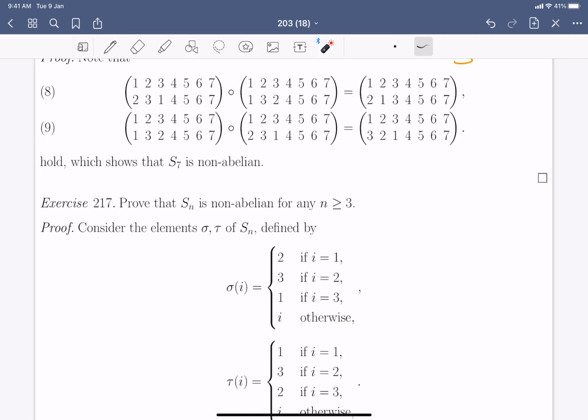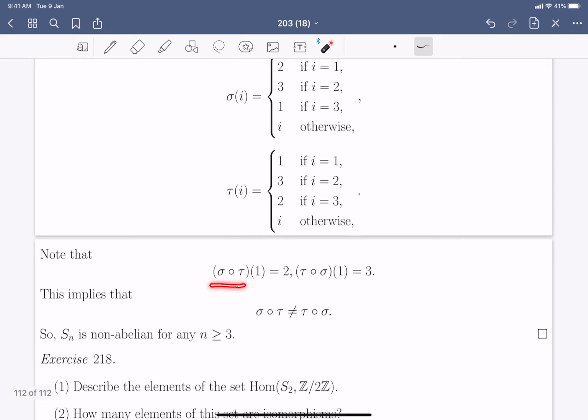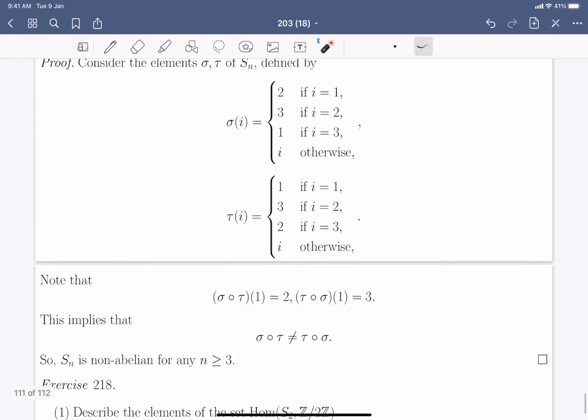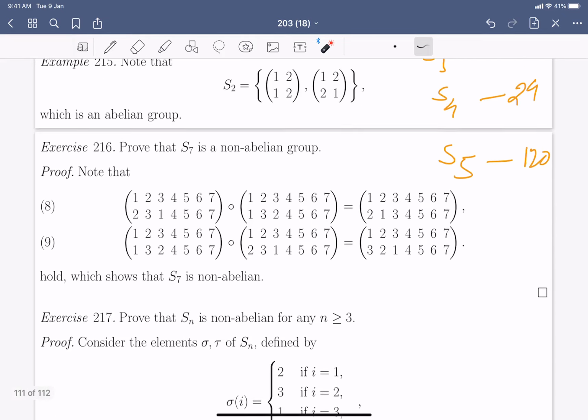The permutation tau sends 1, 2, 3 to 1, 3, 2 respectively. Then we will see that sigma composite tau is not the same as tau composite sigma. This is something that we have already observed in the context of the group S7.